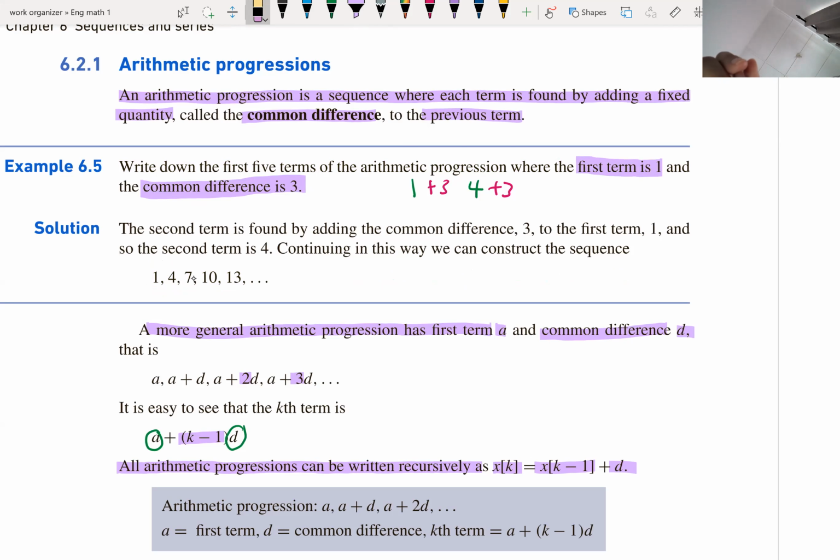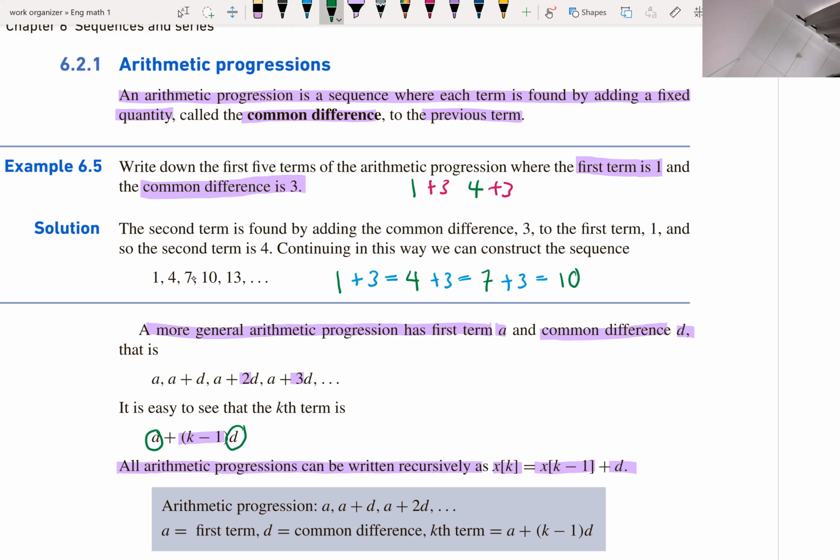Given the first term is 1, common difference is 3. So we start with 1, and then we add 3. Because the common difference is 3, we will get 4, and then again plus 3 we will get 7. For the next term, again plus 3, we will get 10.